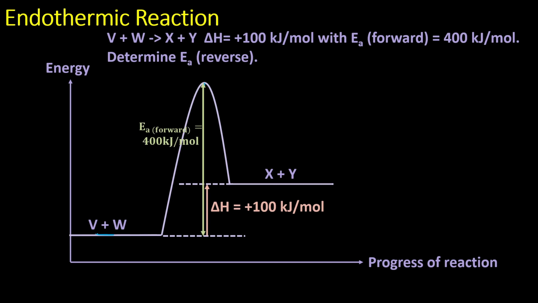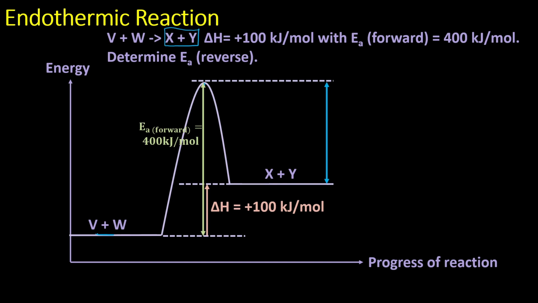To determine the activation energy for the reverse reaction, first we need to draw where the activation energy for the reverse reaction is. For the reverse reaction, now the products X and Y become the reactants. The activation energy for the reverse reaction refers to the energy difference between X and Y and the transition state.